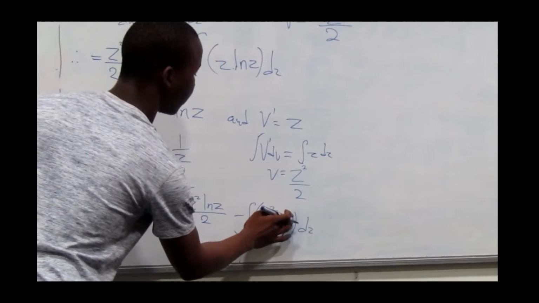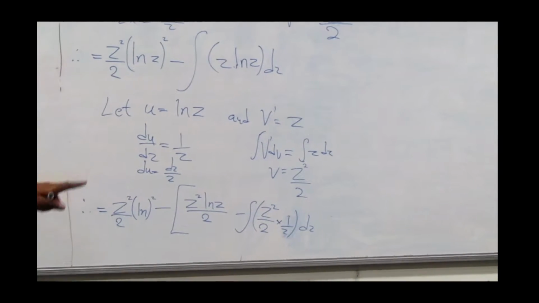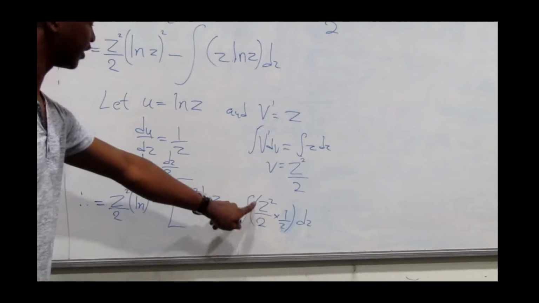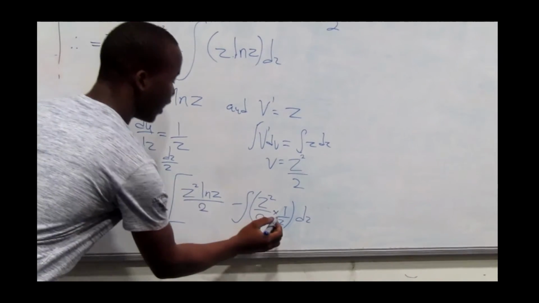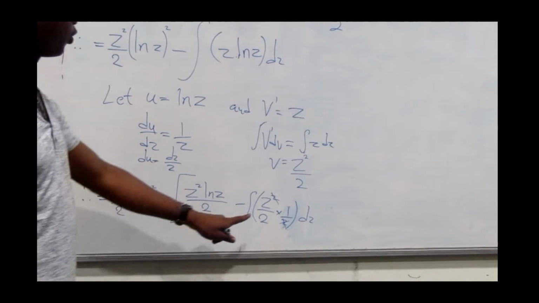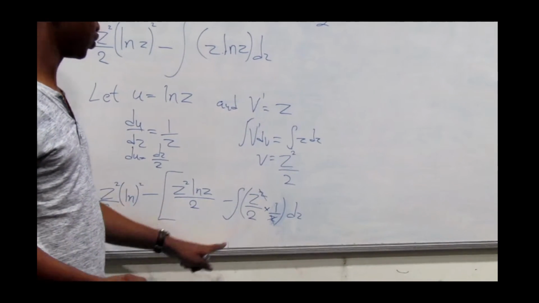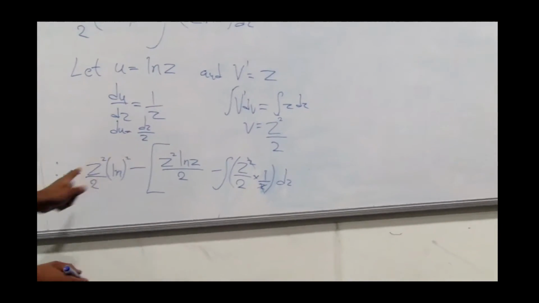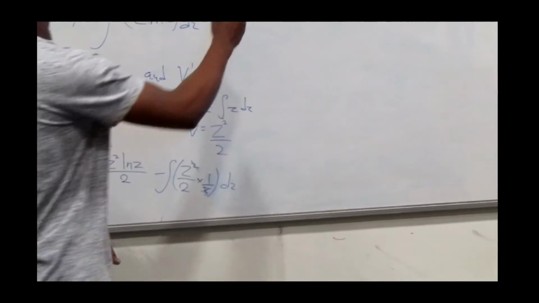Then from here, this is z, it's going to cancel each other. You cancel this and this. We're going to be left with z over 2. Then we take this constant outside. I'm going to proceed here.